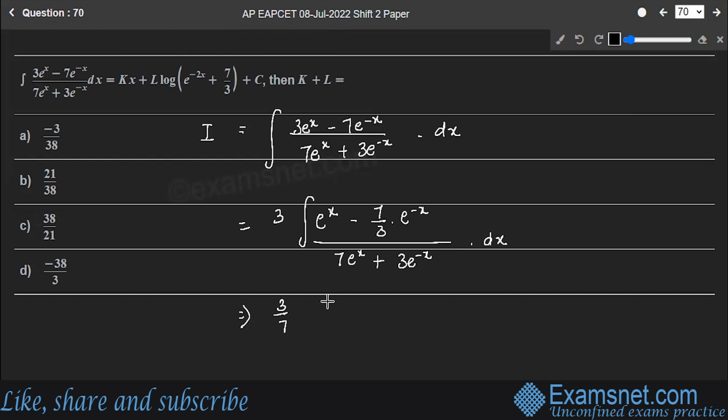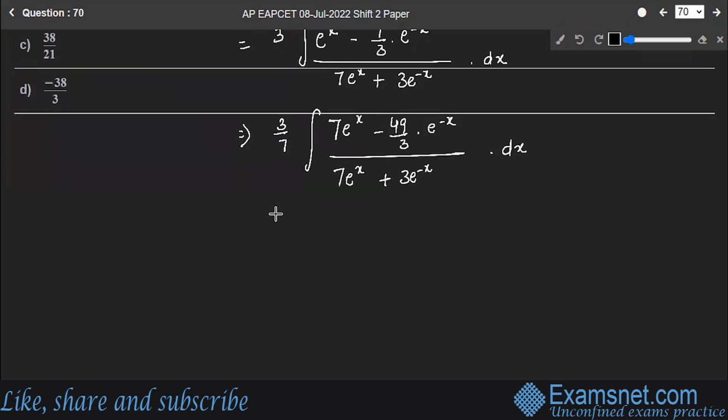Now I will multiply the numerator with 7. So this will be 7e^x − 49/3 e^(−x), and I will not touch the denominator. It will be as such. Hope you're clear till here.